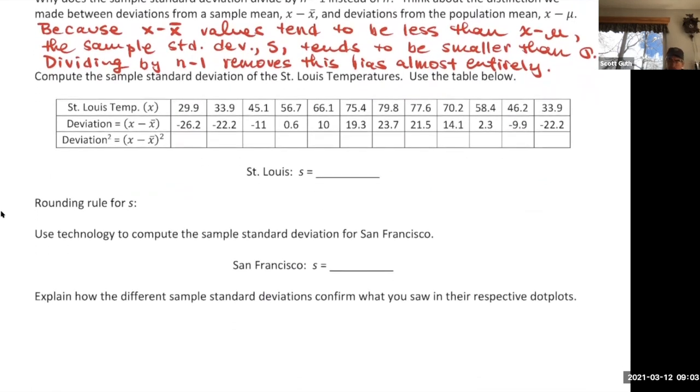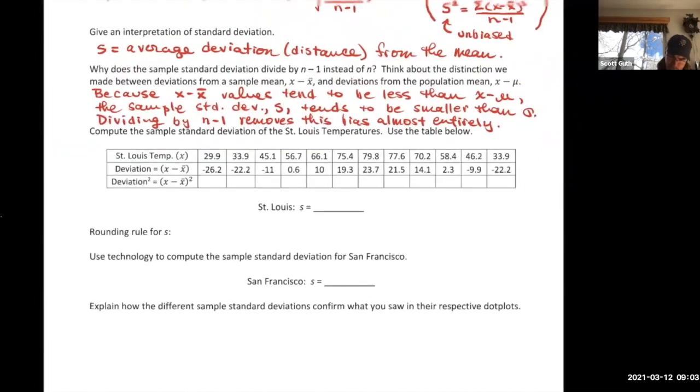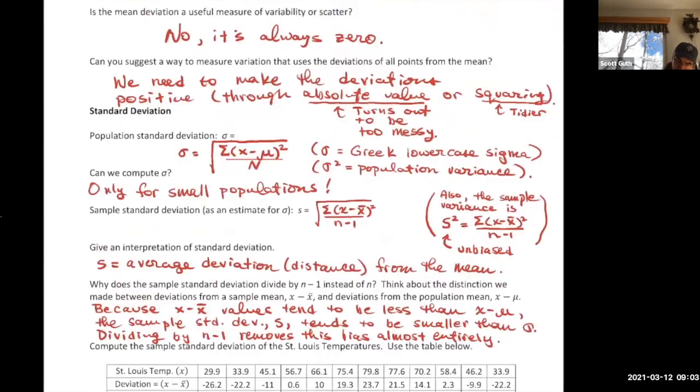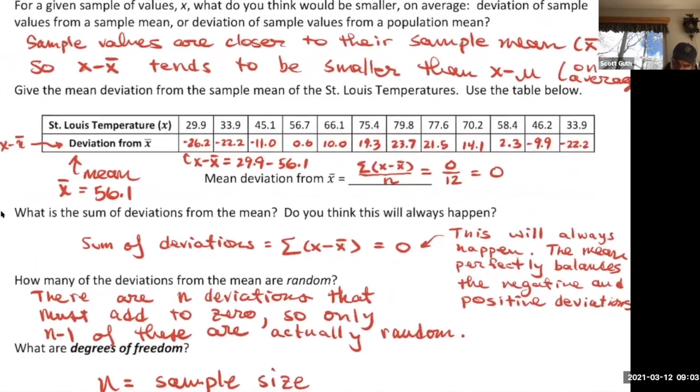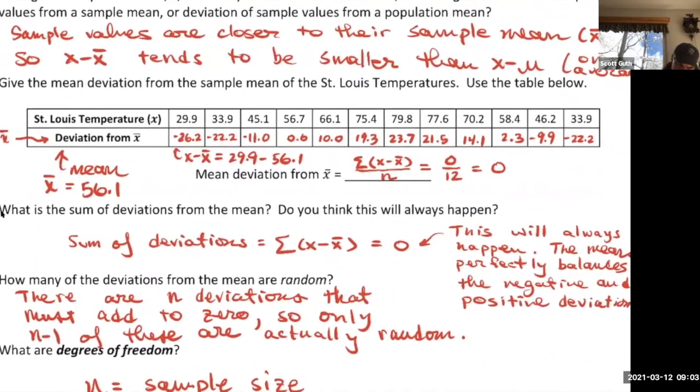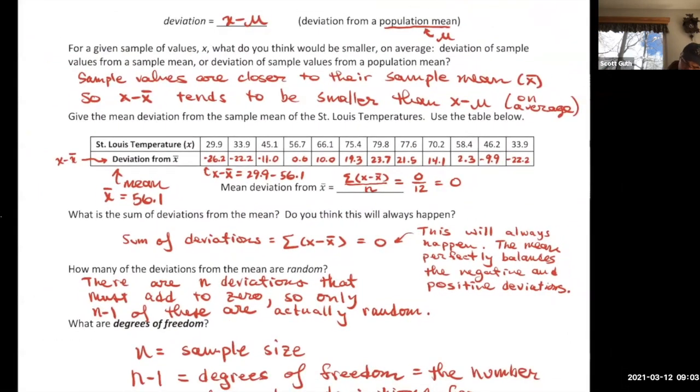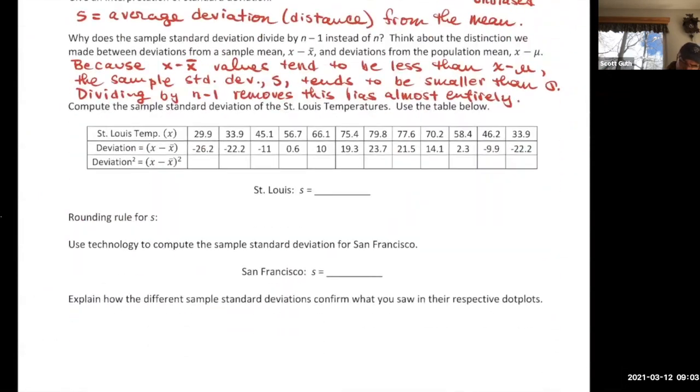All right, so let's go ahead and we've got this list of St. Louis temperatures here. And I want to remind you that we computed up above here all the deviations for the St. Louis temperatures. All right, and so they're copied down here.